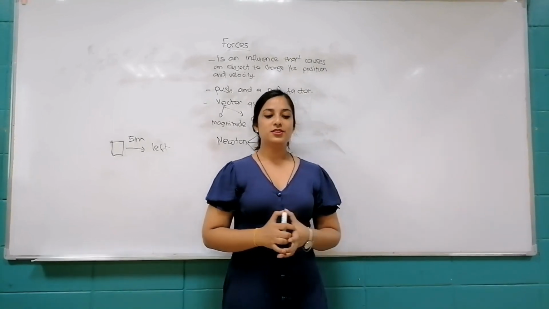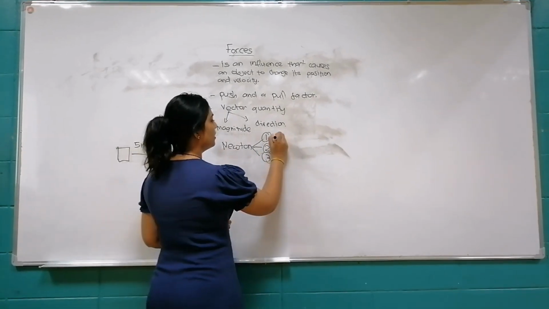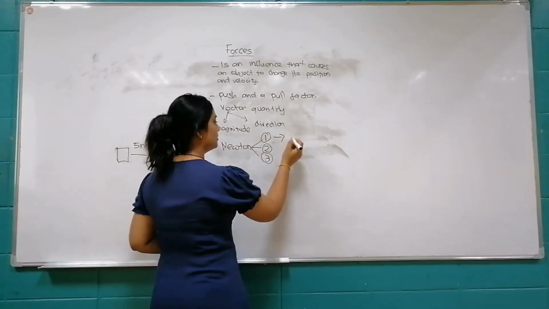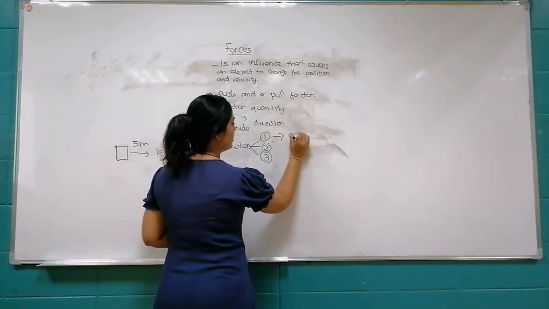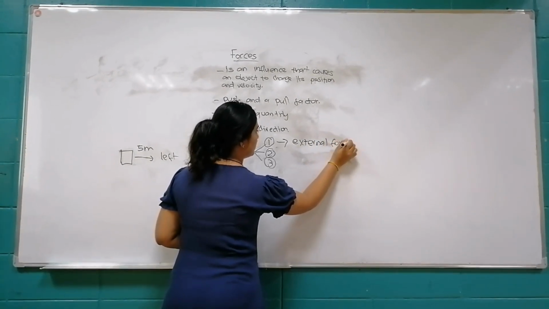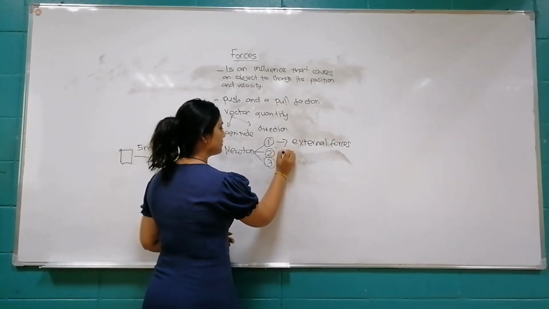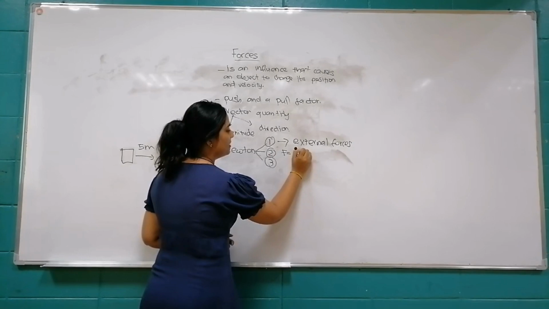Newton's second law of motion states that acceleration is produced by a force. The first law was all about external forces. The second law gives a relationship between force, mass, and acceleration.